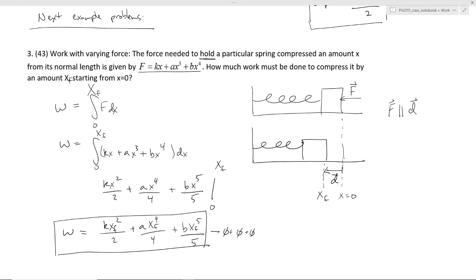And this gives you an idea. So let me just make a note there. This is positive since both of these point in the same direction.